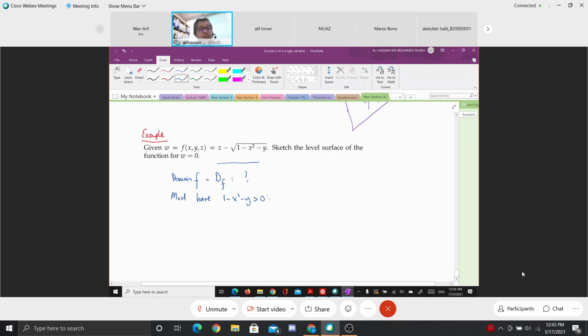For the function f to be well defined, the expression under the square root sign should be greater than or equal to 0. So y should be less than or equal to 1 minus x squared.